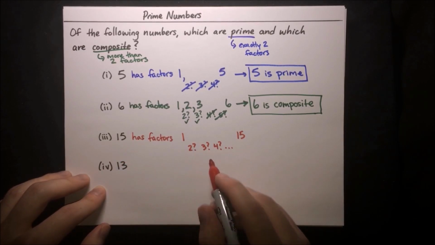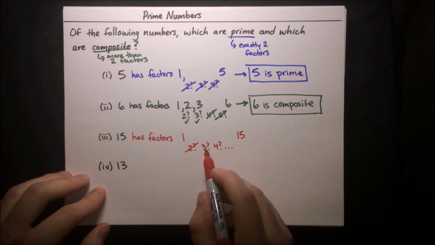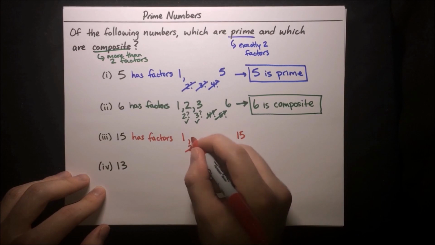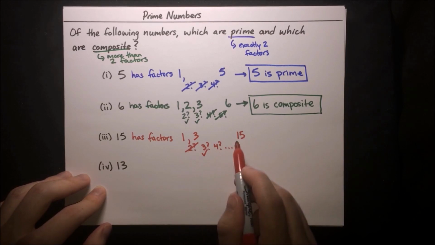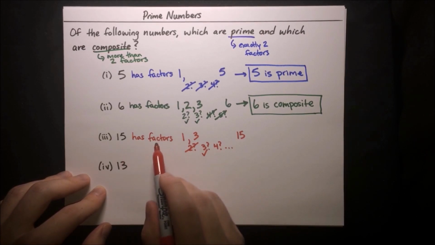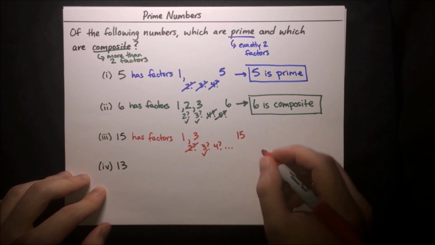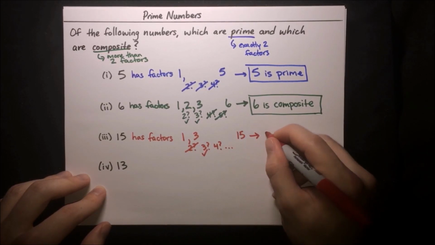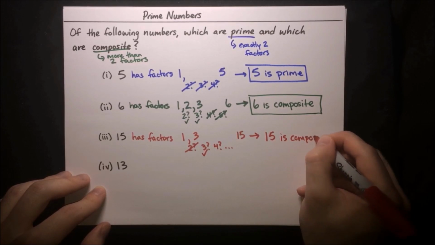Well, 15 is not even, it's not divisible by 2, so no, 2 is not. What about 3? Oh, 15 divided by 3 is 5, that's a whole number, so 3 is definitely a factor of 15. And actually at this point we could keep on checking all the factors, but at this point we can tell that 15 has more than 2 factors. We've got 3 factors right here, 1, 3, and 15. So based on that we can conclude that 15 is composite.